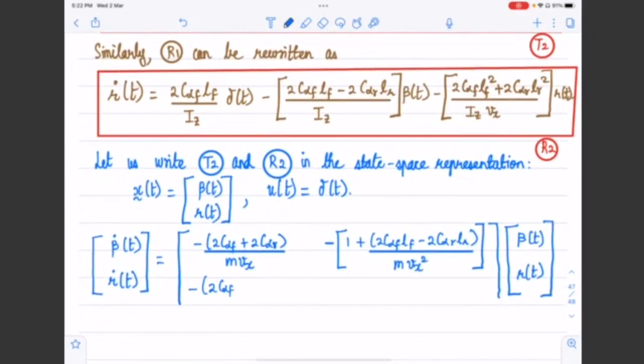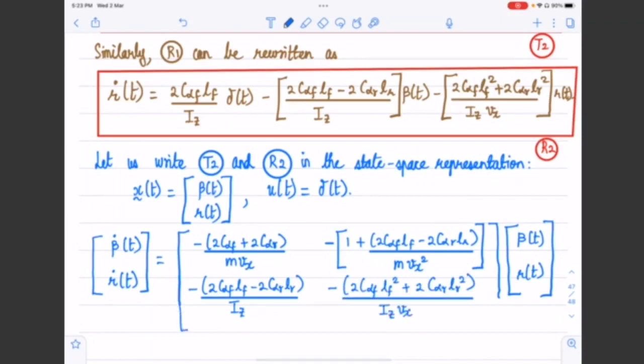Minus 2C alpha F LF minus 2C alpha R LR divided by Iz. That's the coefficient that multiplies beta of t. And the coefficient that multiplies r of t is going to be minus 2C alpha F LF square plus 2C alpha R LR square divided by Iz Vx.